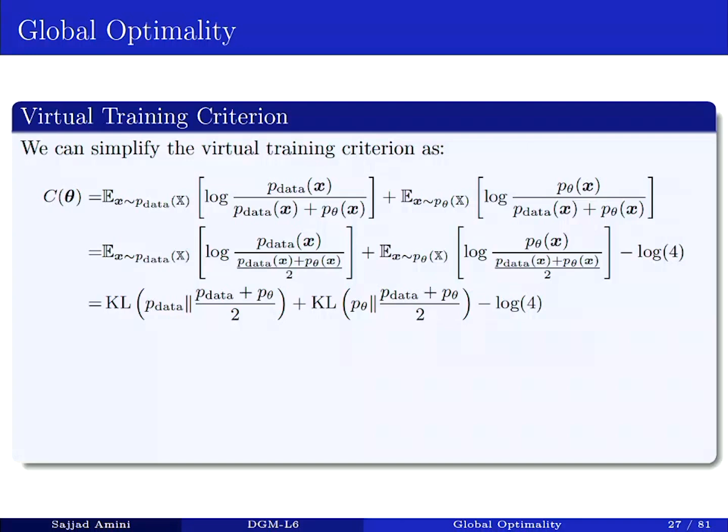Why? Because there are some places where one of them is 0 and the other one is non-zero. These two places. And we know that based on the definition of the KL divergence between P and, for example, Q is the expectation. Let's write it as the integral.